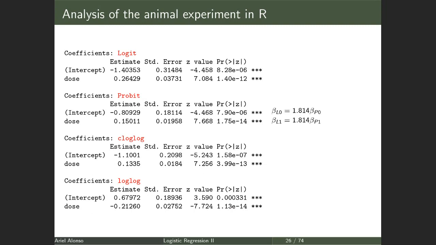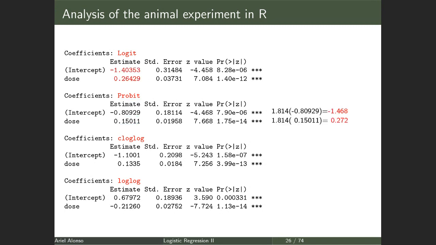For instance, here you have the probit model, and these are its coefficients. I told you that the coefficients of the probit model are related, approximately, to the coefficients of the logit model. The coefficients in the logit model, which are the ones we have over here, can be obtained as 1.8 times the coefficients in the probit model, approximately.